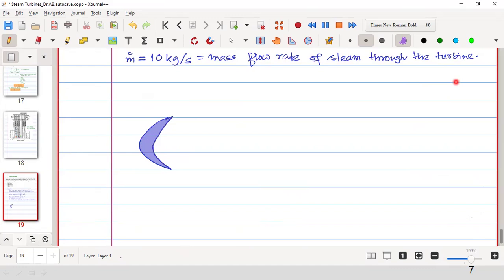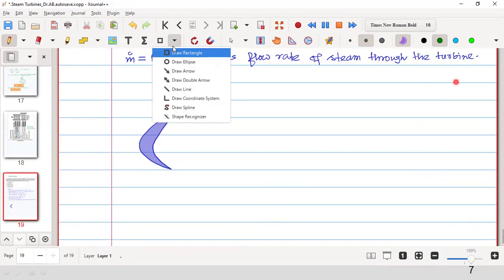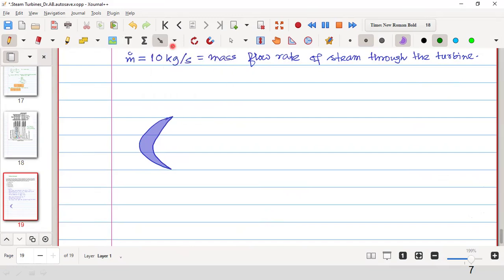So this is the blade, and there will be velocity of the blade in this direction. Now I am drawing the velocity diagrams accordingly.